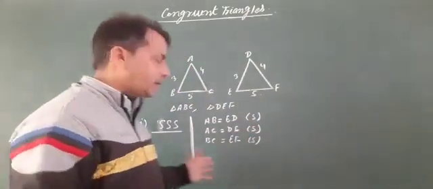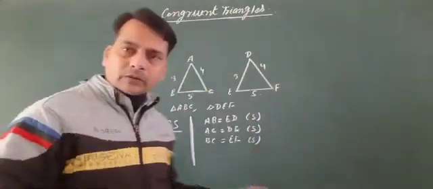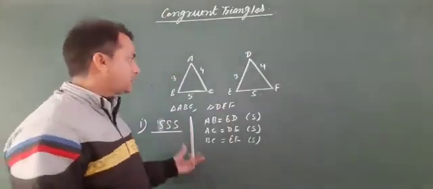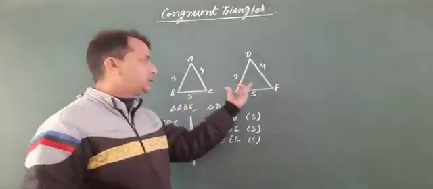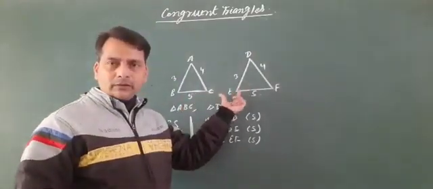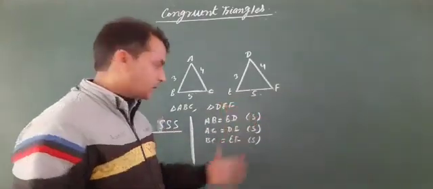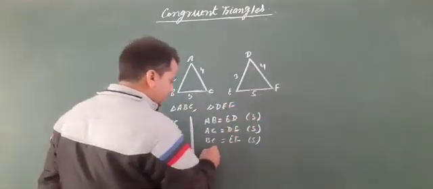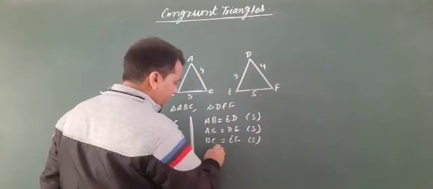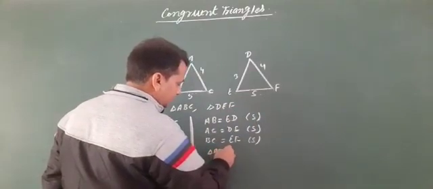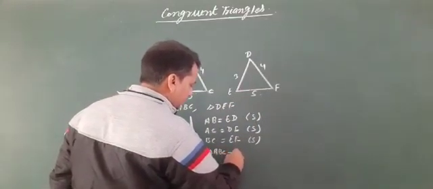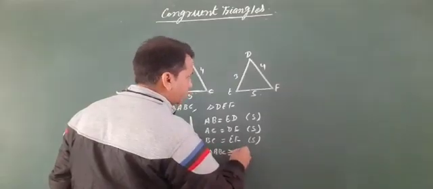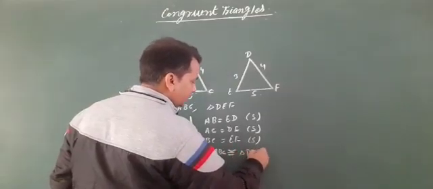So apply the congruency rule, the first rule, the side. If two triangles have all three sides the same, they are congruent to each other. So triangle ABC is congruent to triangle DEF.